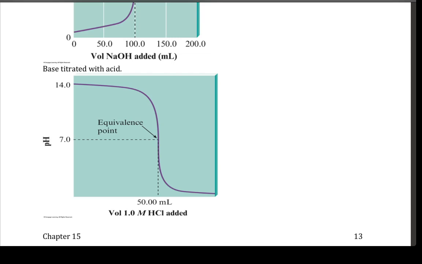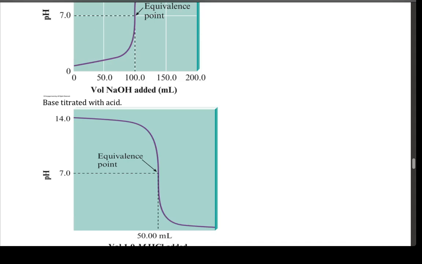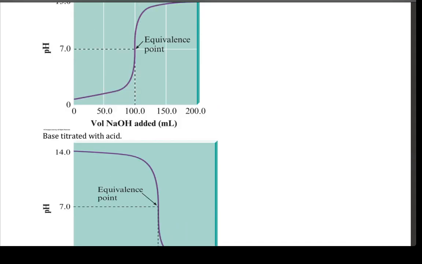The pH slowly decreases. At the equivalence point, it very quickly drops down to 7, and then as we add more HCl, it continues to go down, though more slowly after the equivalence point. So those are the typical pH curves.